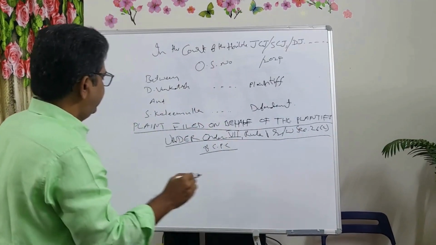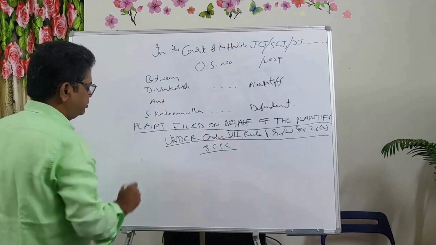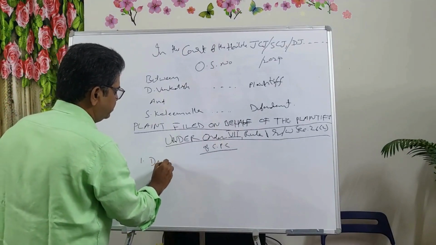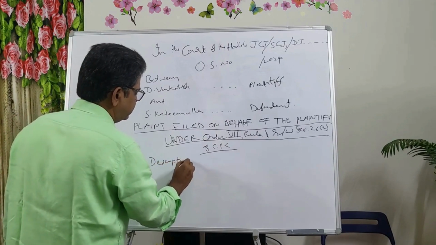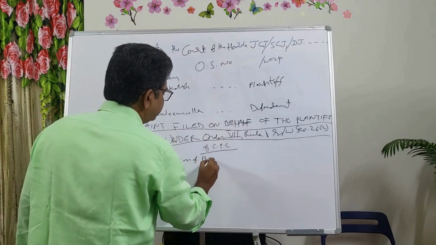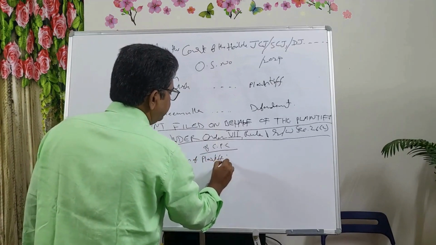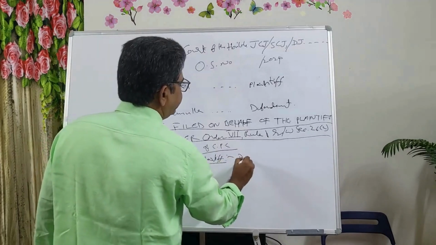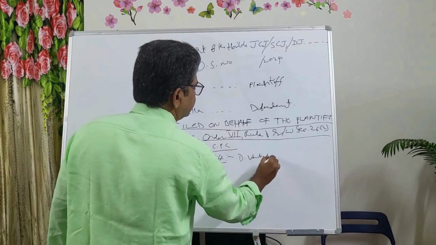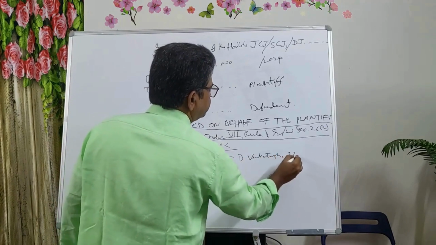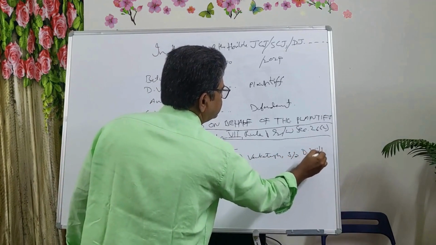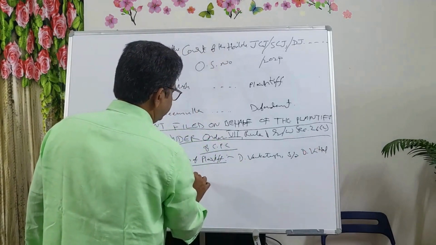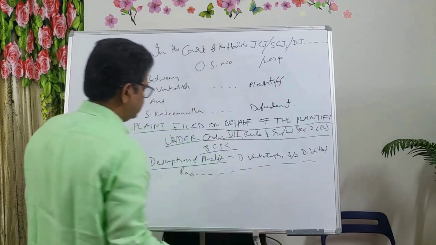And paragraph number 1: description of plaintiff. D. Venkatesh, son of D. Vittal Rao, aged about so and so, particulars.